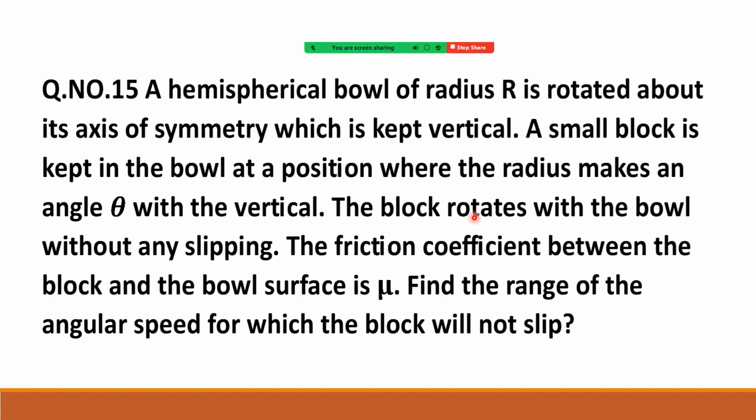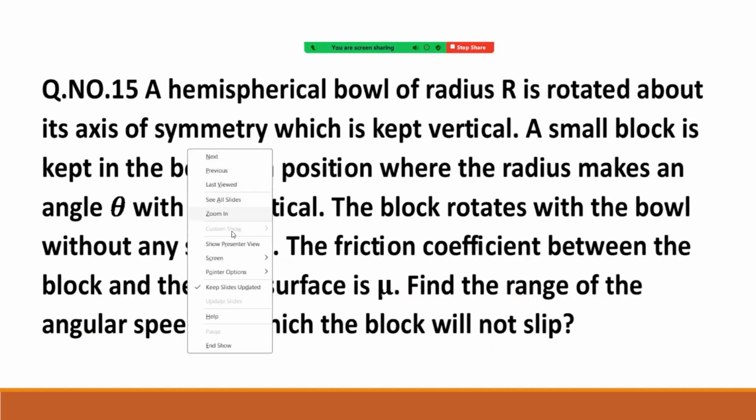The block rotates with the bowl without any slipping. The friction coefficient between the block and the bowl surface is mu. Find the range of the angular speed for which the block will not slip. Okay. Let us see how to solve this one.